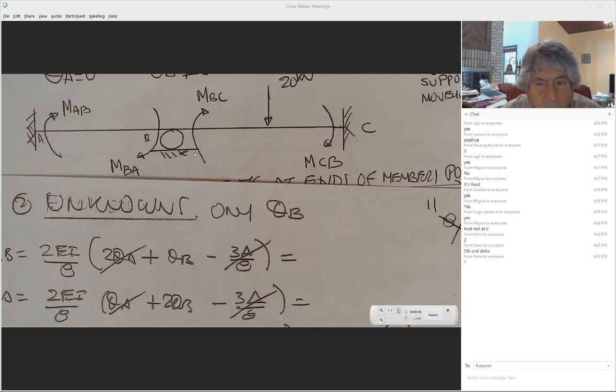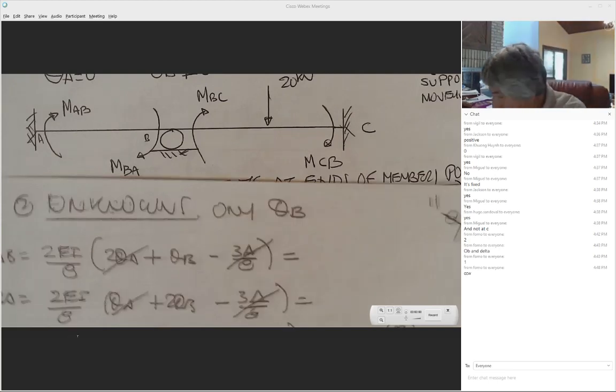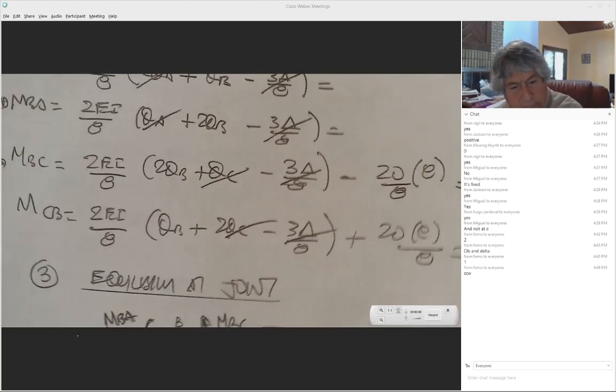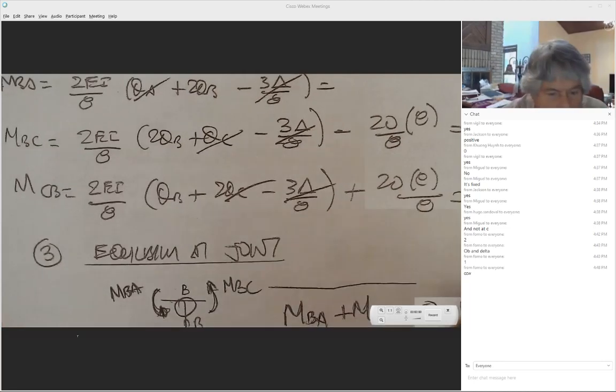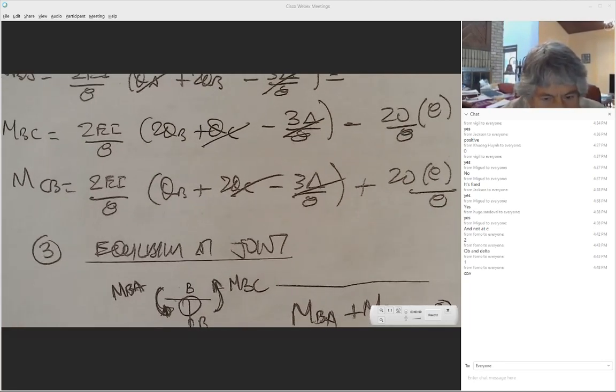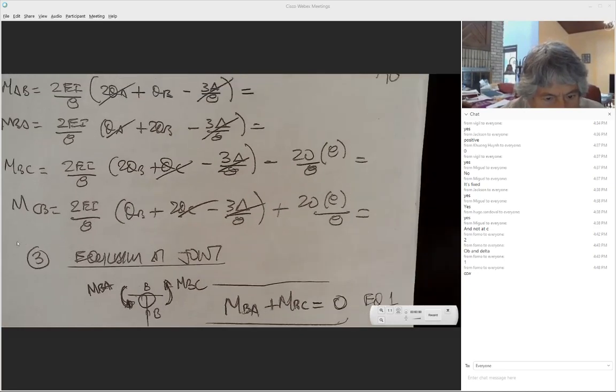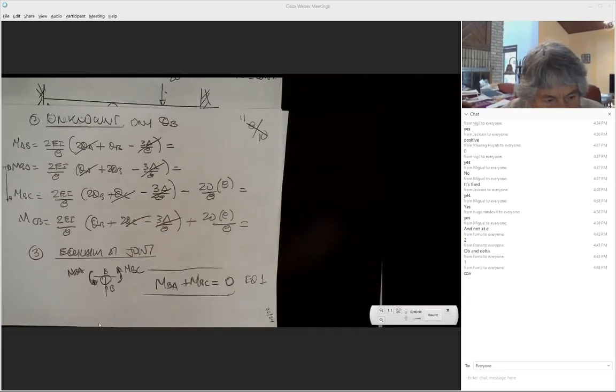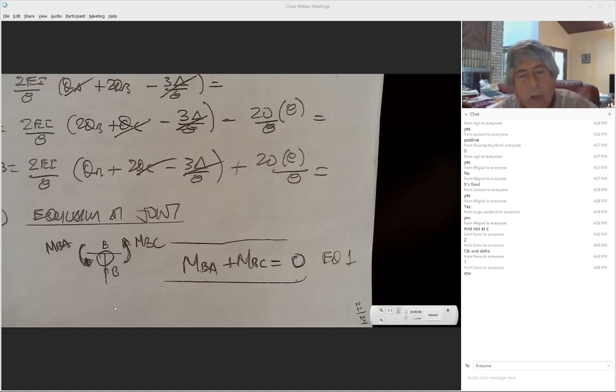Exactly, opposite to this. Equilibrium at the joint. The joint is B. Moments in the opposite direction, BA becomes counterclockwise, BC counterclockwise.